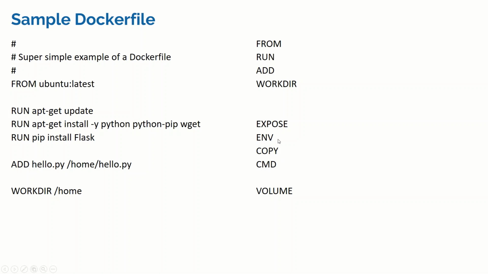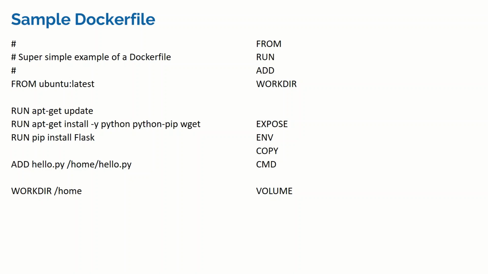The ENV command, which sets the environment variables of your container. The COPY, which is extremely similar to the ADD command over here. The CMD command, which we will go through slightly later, and also the VOLUME, which we will go through at the very end of the lecture of today. So these will be the commands that you'll be learning during this session of Dockerfile.